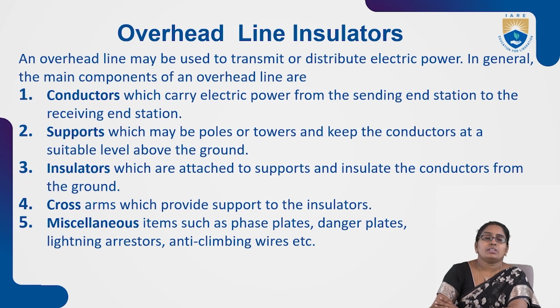Now, first, the introduction to overhead line insulators. We know that transmission lines basically transmit and distribute electrical power, and in general, the components of overhead transmission lines are, as you can see, five.